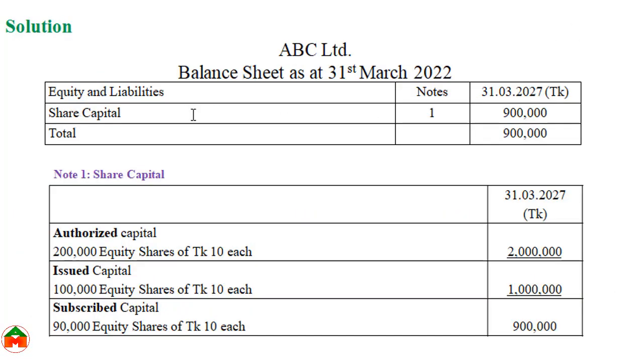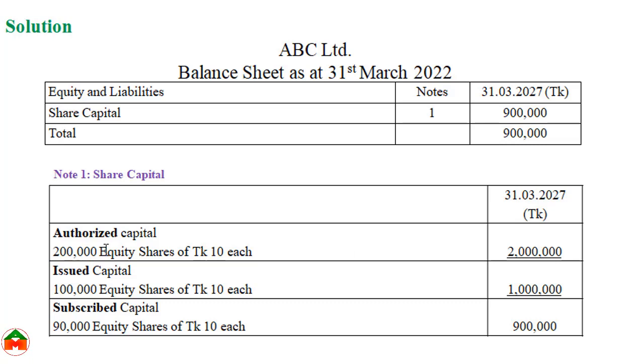We can see in the balance sheet we are showing the share capital of 9 lakh. This 9 lakh is represented here, but in the notes we can see there is an indication of note 1. The note shows that the company has authorized capital of 20 lakh, that is 2 lakh equity shares at the rate of 10 each.